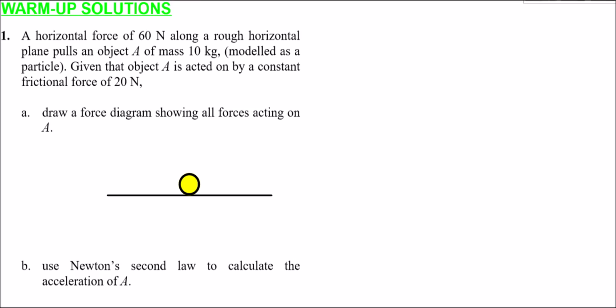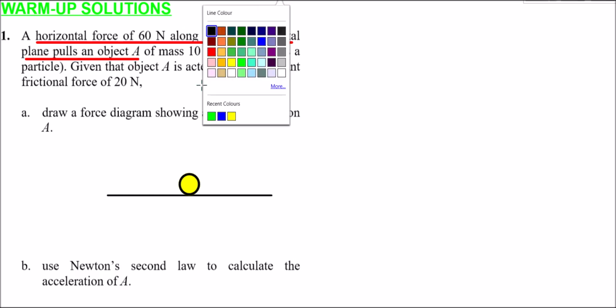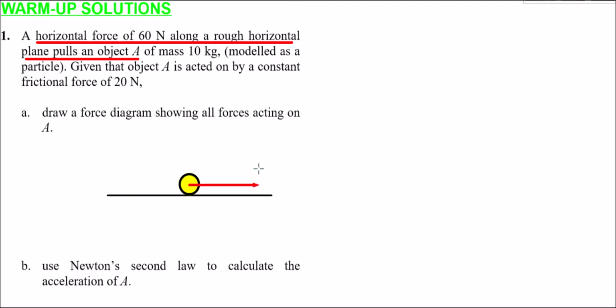That's one thing we've been told. So just underline that so we can add it in. So because of that, I'm just going to draw an arrow. We can say that's 60 newtons in magnitude.